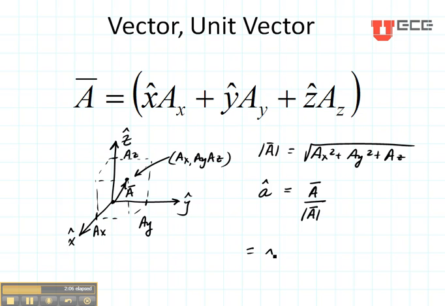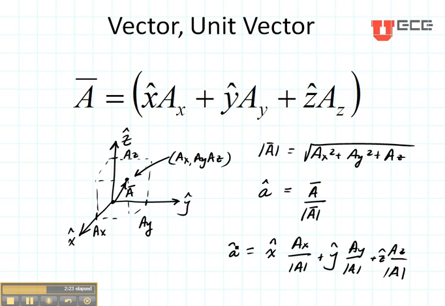So that would be, in the x direction, ax divided by the magnitude of a, in the y direction, ay divided by the magnitude, and in the z direction it would be az divided by the magnitude. The unit vector would just tell the direction of the vector without telling us anything about its magnitude.